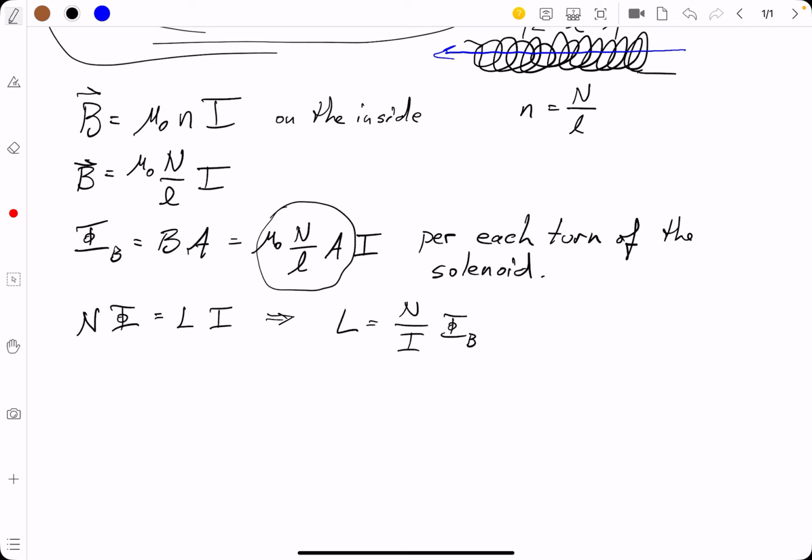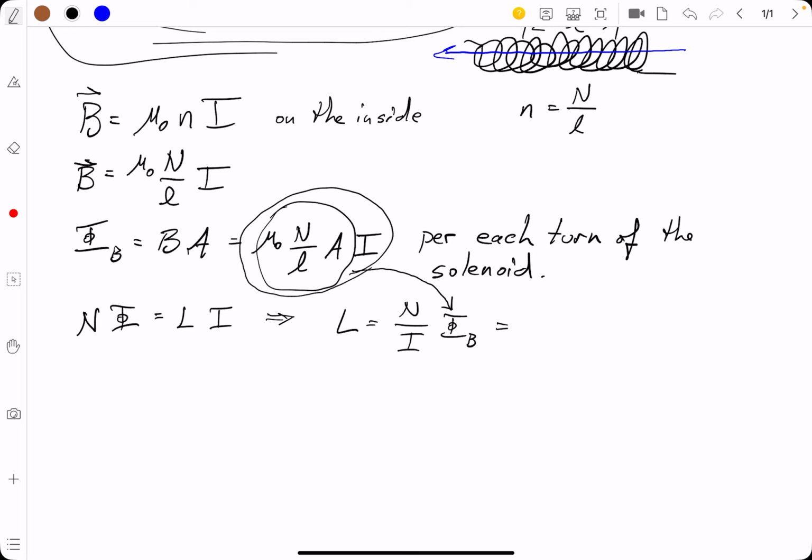Now let's plug in what those things are. This is going to go in here, and it's not just the part I circled, it's the whole thing.